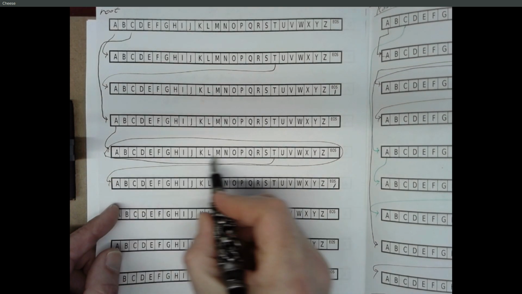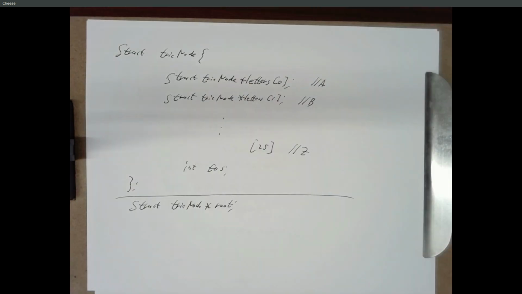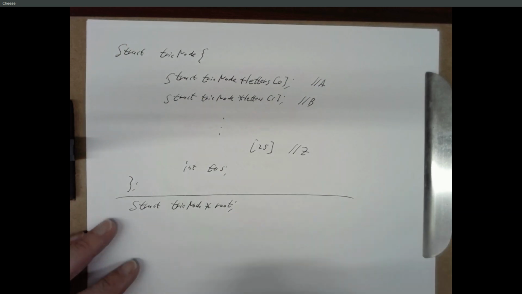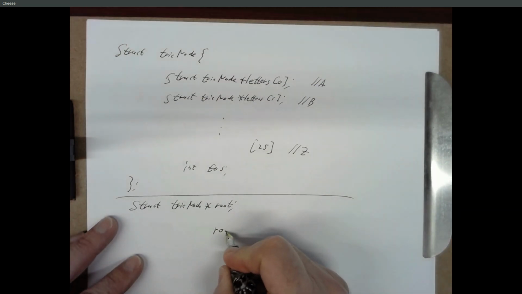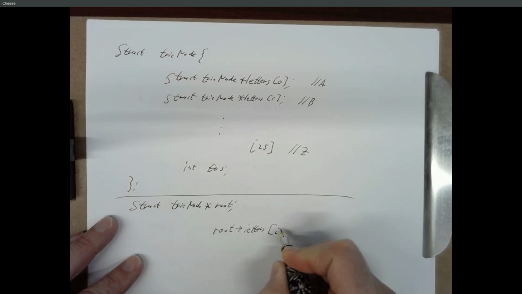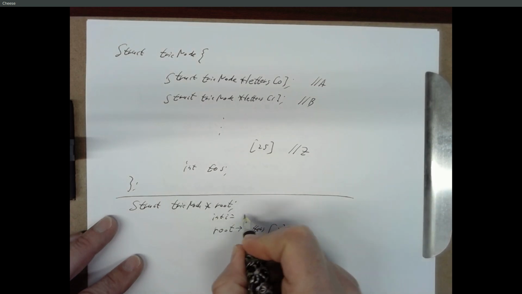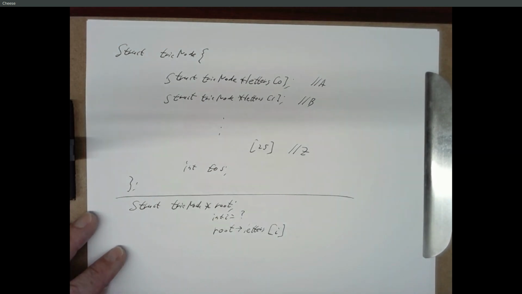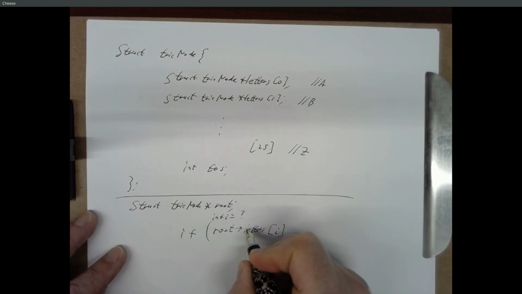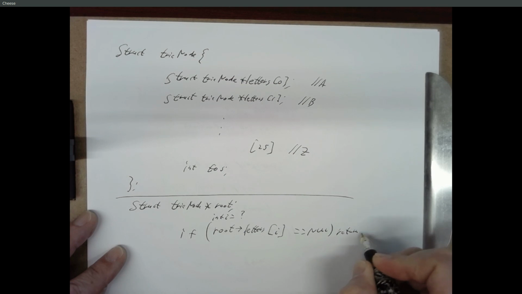So your goal in your function is simply to take the root and find the corresponding pointer that goes along with whatever letter you're passed, and just see if it's null or not null. The corresponding pointer is basically root, arrow, letters, bracket, some index I. If this thing equals null, return 0.